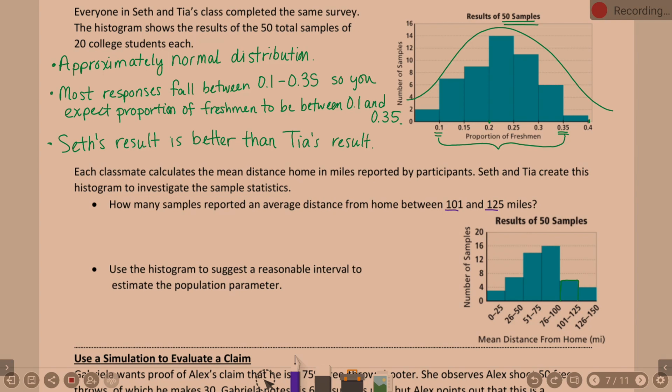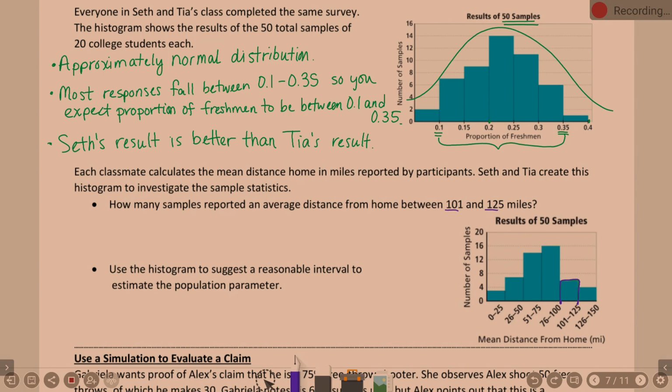So we're going 101 to 125, which is going to represent this bar right here. What does it look like on this bar? Between 4 and 8, and it looks to be central, which would put us at 6. I would say 6.